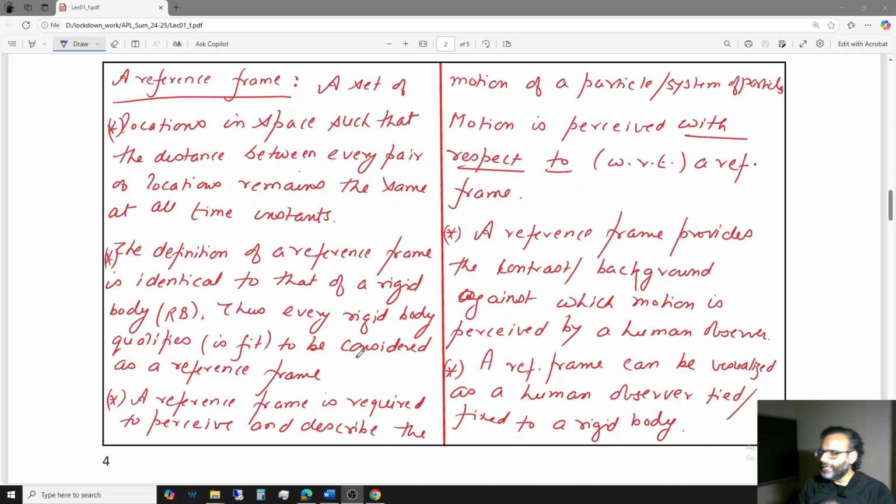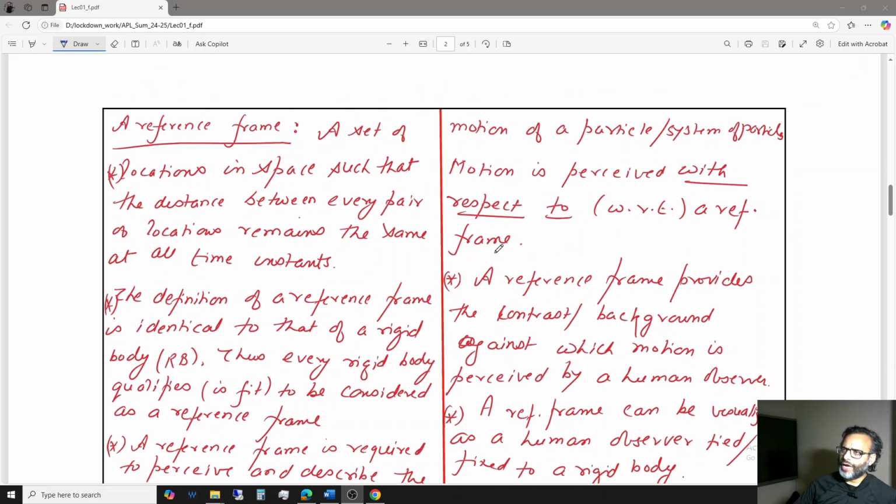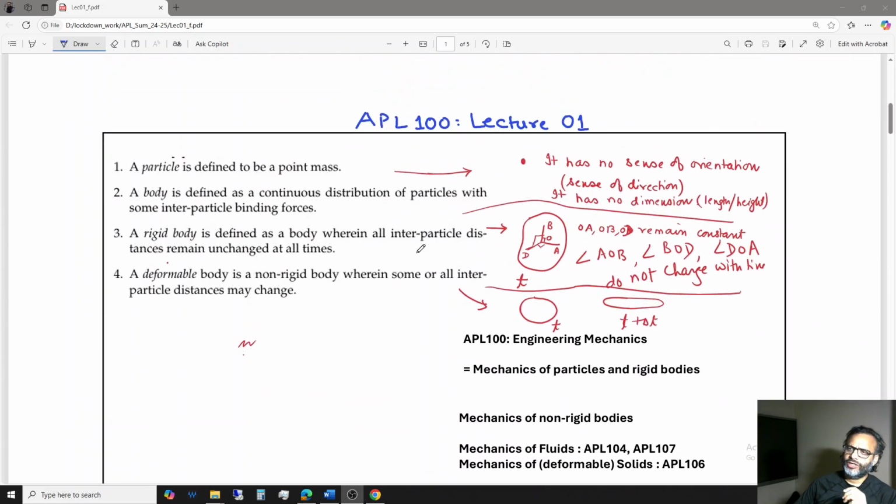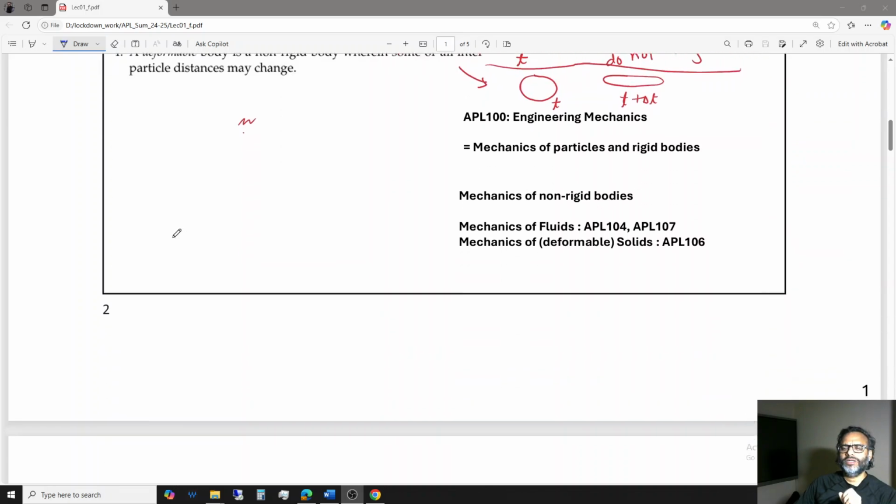Now, if you compare the definition of a reference frame to the definition of a rigid body that I mentioned 2 slides ago, you would observe that the two definitions are very similar. A rigid body is defined as a body wherein all interparticle distances remain unchanged at all times.